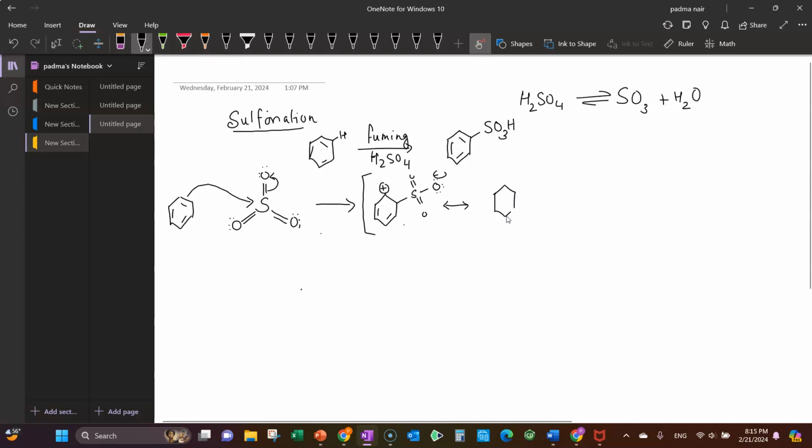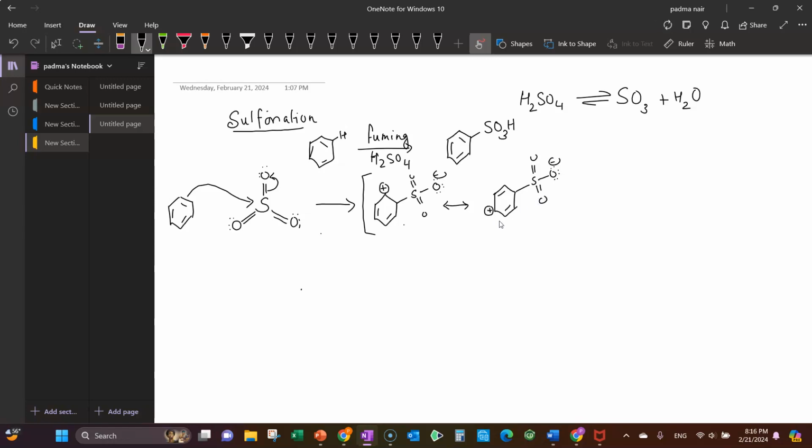So we have this bond intact, because we are going to move it over here. The double bond moves here, and the sulfur is bonded to two of the oxygen atoms, double bonded to one, and with the other it is single bonded.